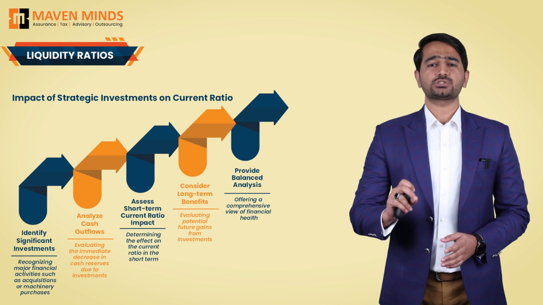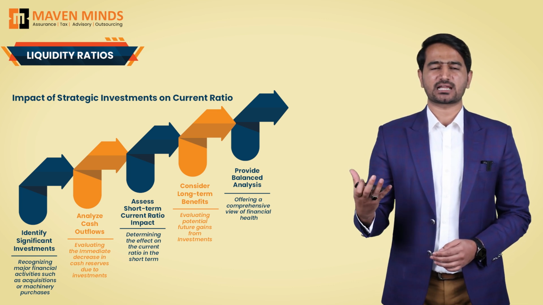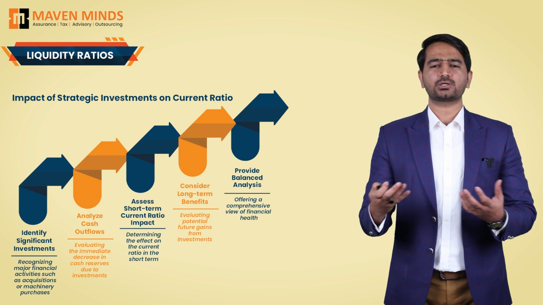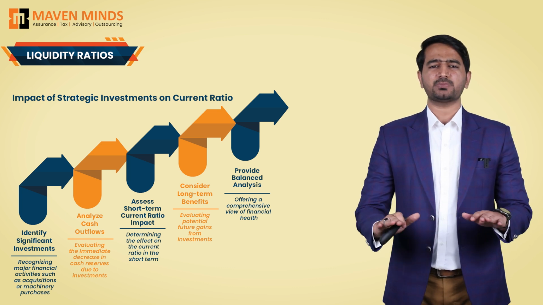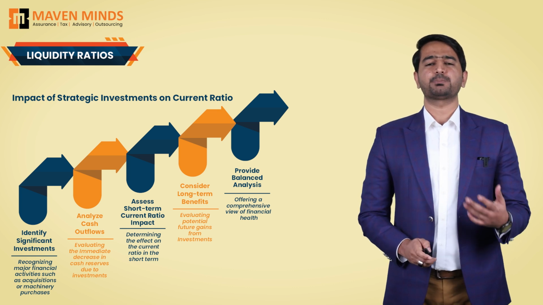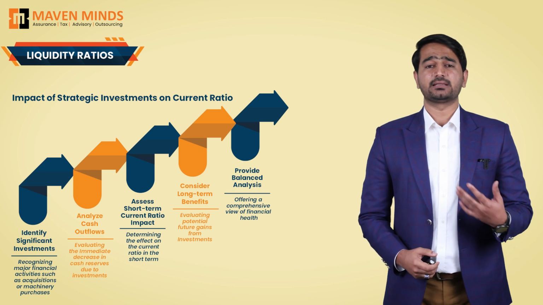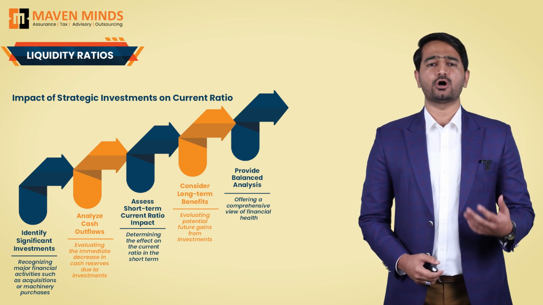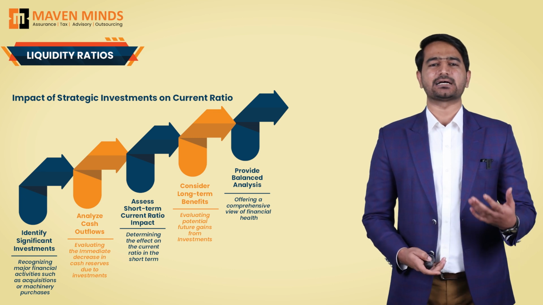Basically, you have to use logical reasoning to connect the dots between the business activities and their impact on the current ratio. By grounding your analysis in this manner and focusing on the real business reason, you can provide an insightful, well-reasoned answer that demonstrates a deep understanding of how business decisions impact financial ratios like the current ratio.